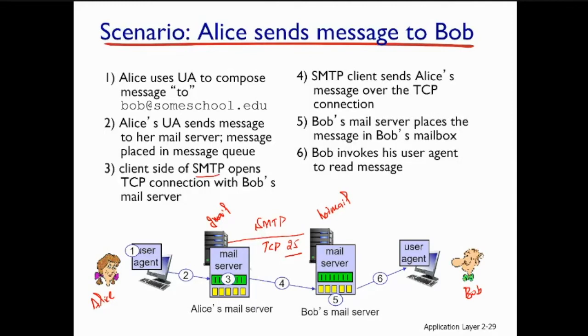This step number 4 is basically the transfer of data from Gmail, which is Alice's email server, to Bob's email server using SMTP, and it will establish first a TCP connection on port 25, right? And then the message is received by Bob's email server, which is Hotmail, and it will be queued, and Bob can anytime come and read this message.